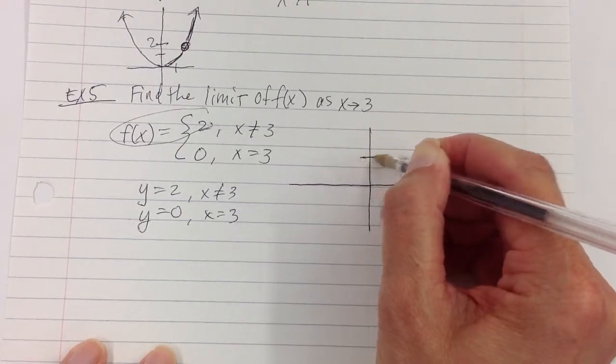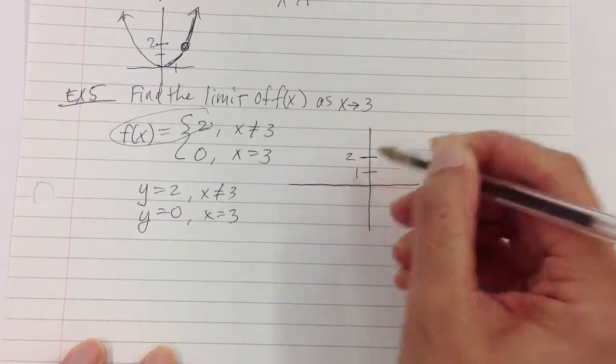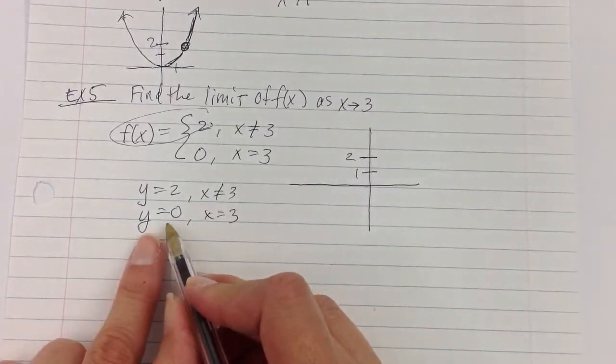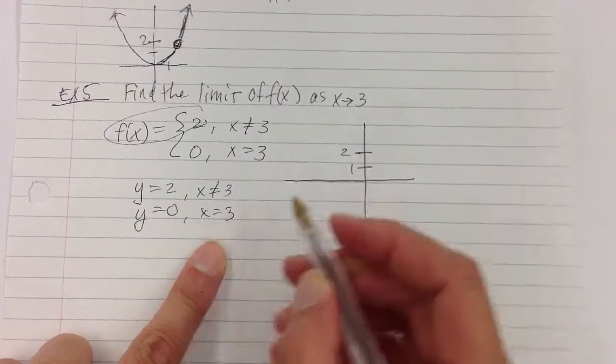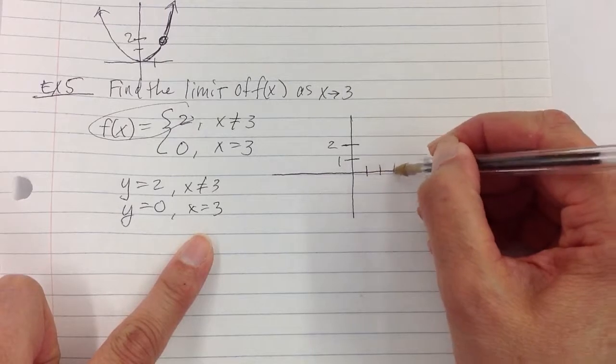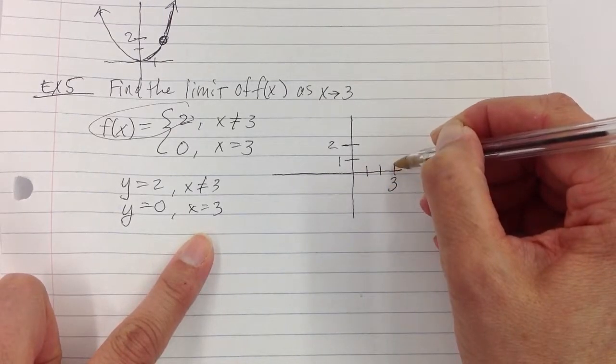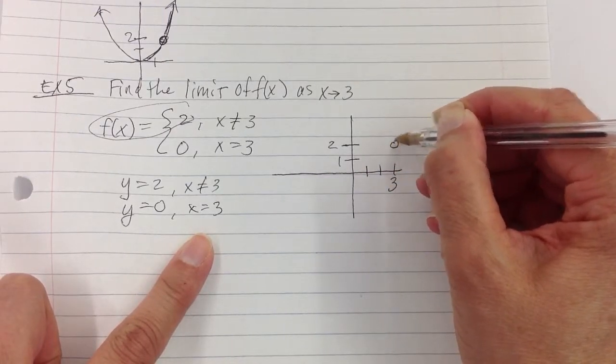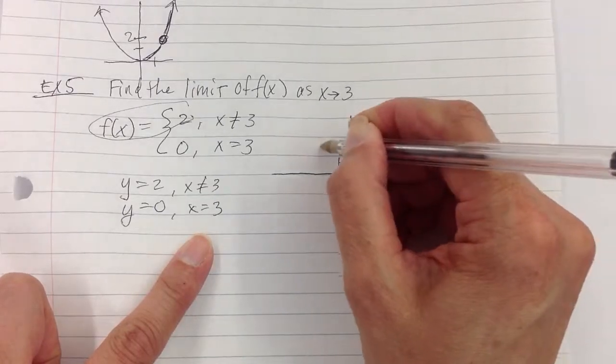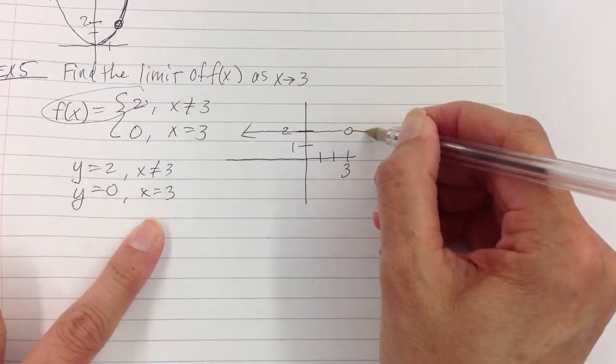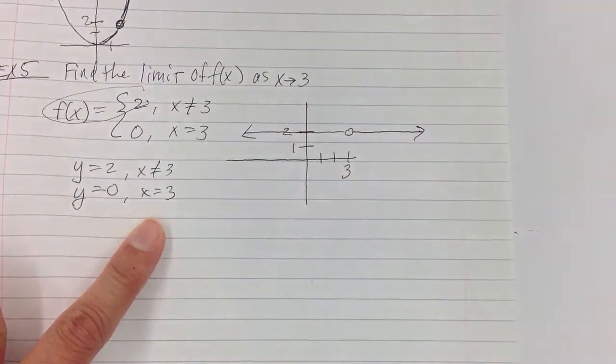Let's say 2 is right here and 1 is right here. And the only time it's not equal to 2 is when x is 3. So I'm going to go 1, 2, 3, and put a hole at (3, 2). And the rest of the time it is equal to 2, like that.